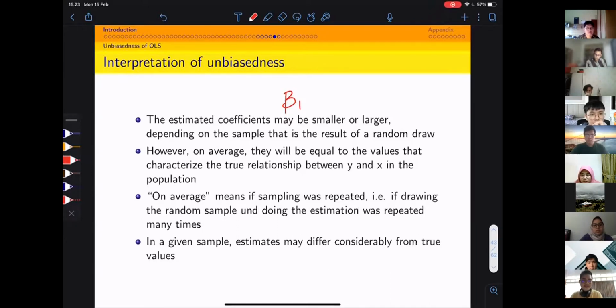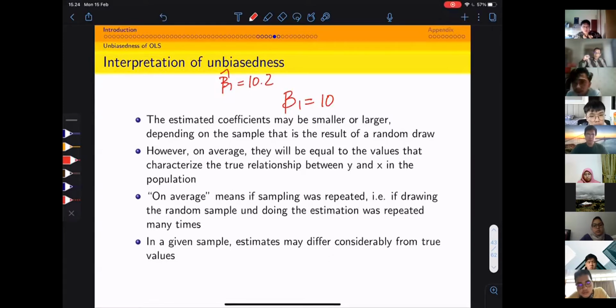Suppose that the value of beta 1 in the population is 10. Again, you cannot get the observations of the population, so what do you do? You take a random sample. Suppose that from the random sample your estimate is 10.2.